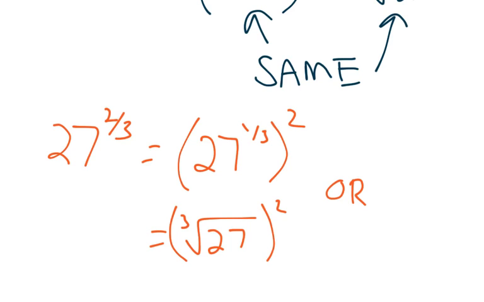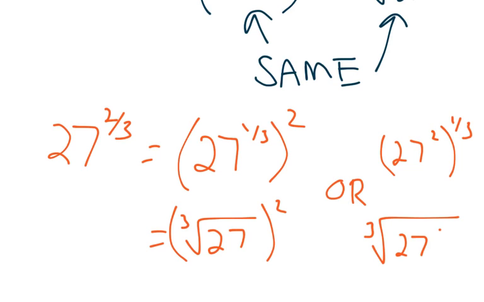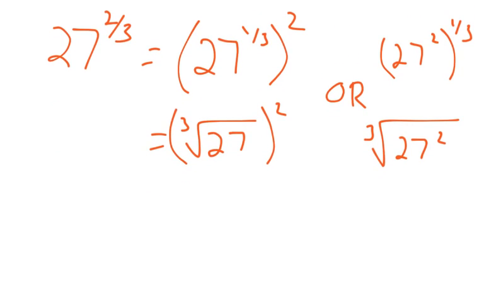Or you could call this 27 squared to the 1/3 power, which is the same thing as the cube root of 27 squared. Okay, it's either one or the other. You don't have to do both. In the end, you would get the same thing, regardless of which option you choose.